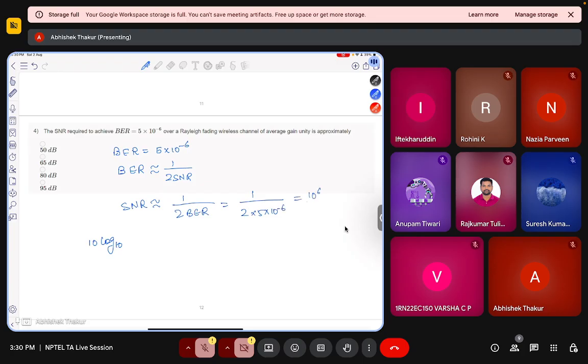So this will be 10 to the power of 5. Now we will substitute this value in front of 10 log 10, then we will get the SNR value in dB. So this will be 50 log 10 base 10. So this will be 50 dB. So for this question, option A is the correct answer.